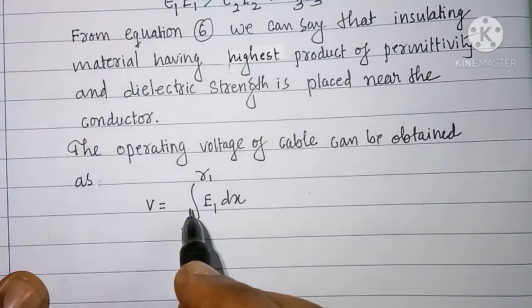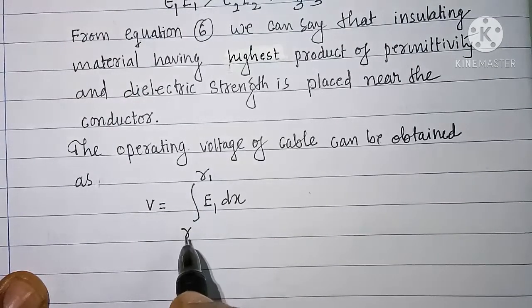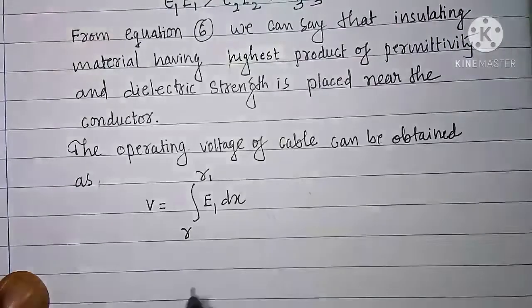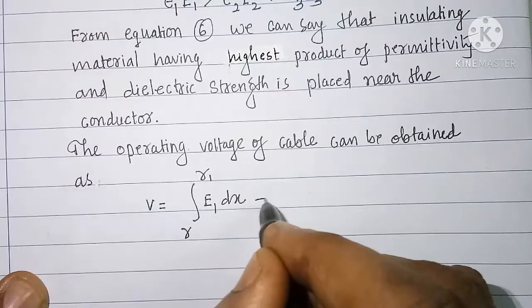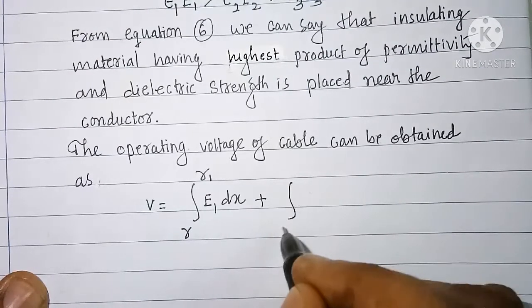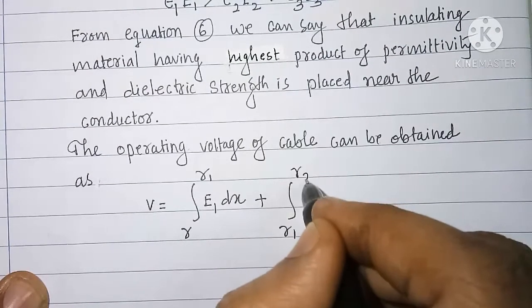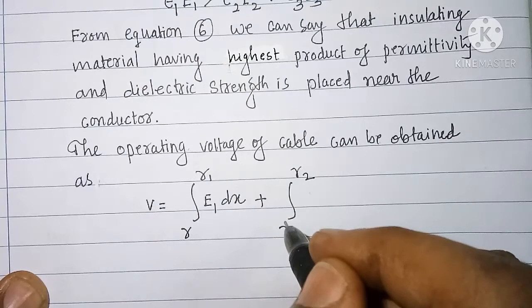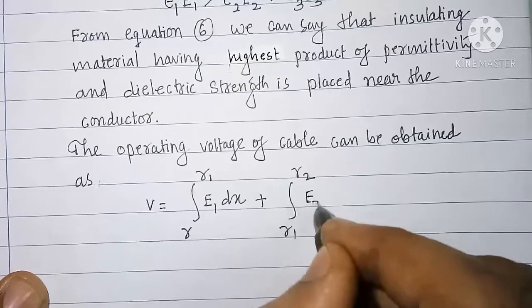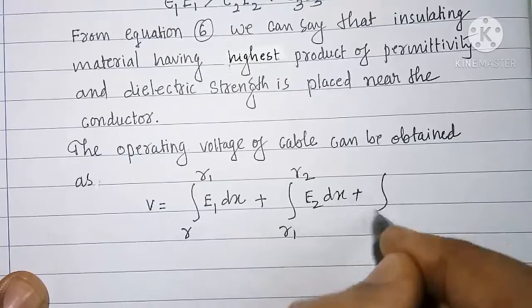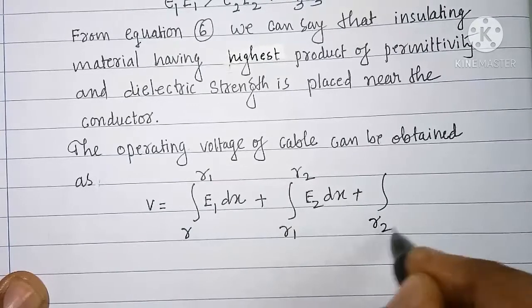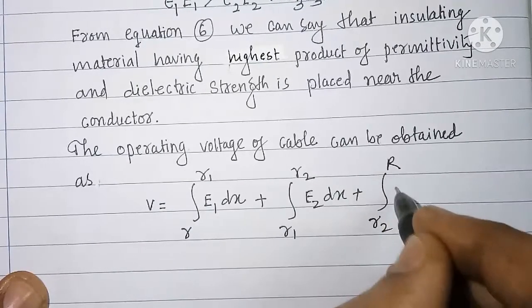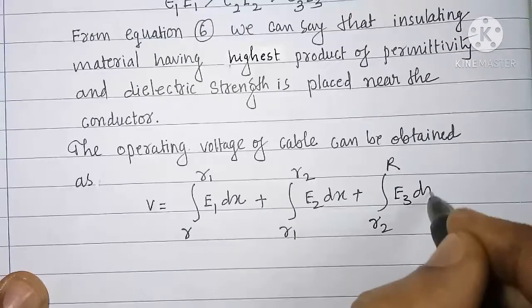Here positive sign is taken because integration limits are from R to R1, plus integral from R1 to R2 of E2 dx, plus integral from R2 to capital R of E3 dx.